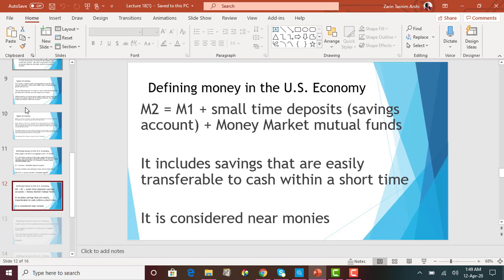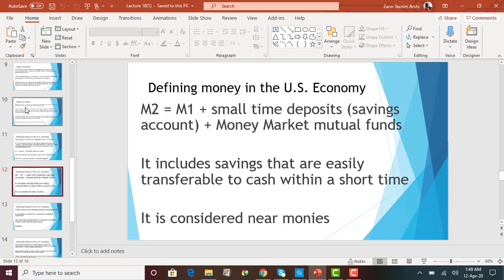Okay, then we move on to M2. The formula for M2 is given in the slide. It is all of M1, so everything included in M1, cash, checking accounts, traveler's checks, plus small time deposits, plus savings account deposits. Under M2, savings account deposits will go, plus money market mutual funds.